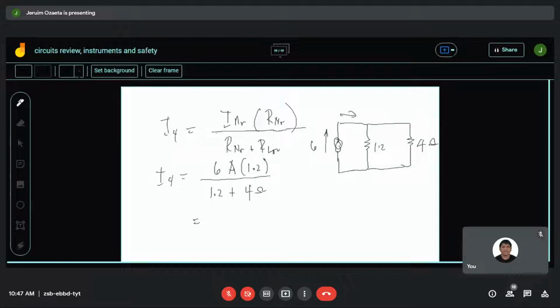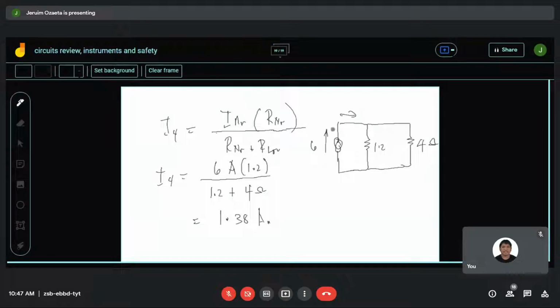Calculator ko, cellphone lang. 6 times 1.2 divided by 5.2. That is equal to 1.38 amperes.